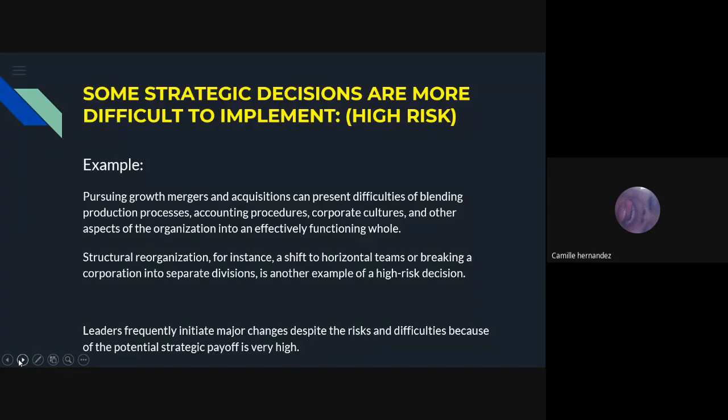Structural reorganization, for instance, a shift to horizontal teams or breaking a corporation into separate divisions, is another example of a high-risk decision. Leaders frequently initiate major changes despite the risks and difficulties because the potential strategic payoff is very high.